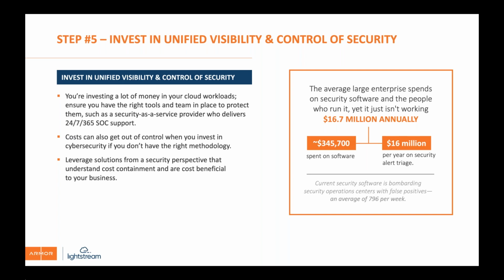So as we get into investing in unified visibility and controlled security, here at Armor we have a strong view around visibility of what you have in the cloud, just like any other good program would have. When you're running any type of application, whether on-prem or in the cloud, you're trying to understand what resources you have: how are those load balancers working for you, firewalls, your compute infrastructure.